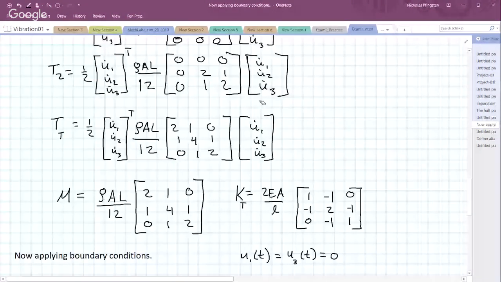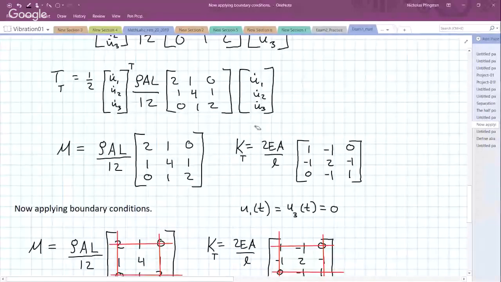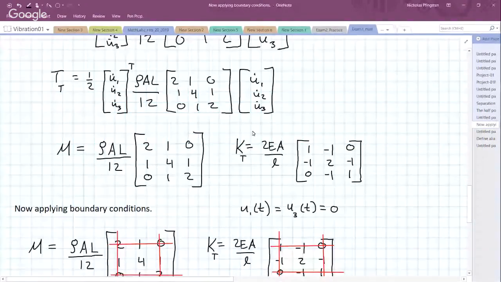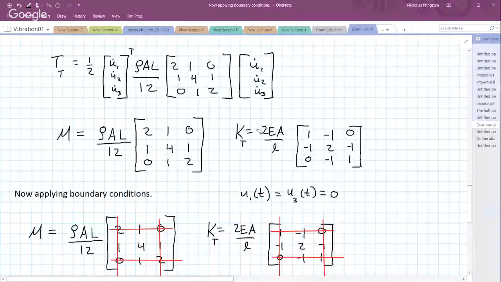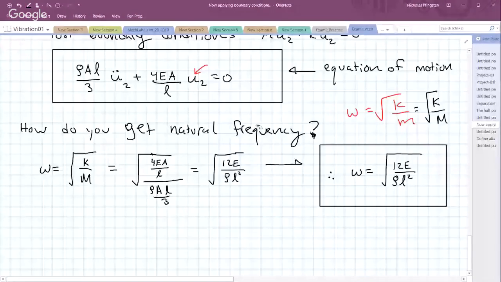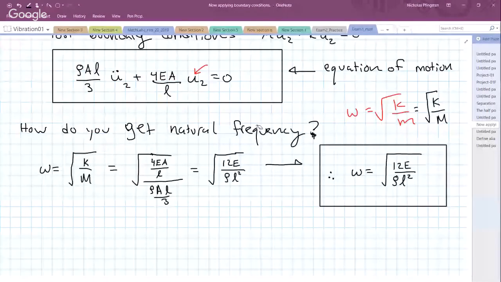The other area is that sometimes students won't write this as a vector, or they'll forget the displacement vector or the acceleration vector, or they'll write it as a scalar or something silly. Just write it out as a vector, 3 by 1. That way you get 100% here.